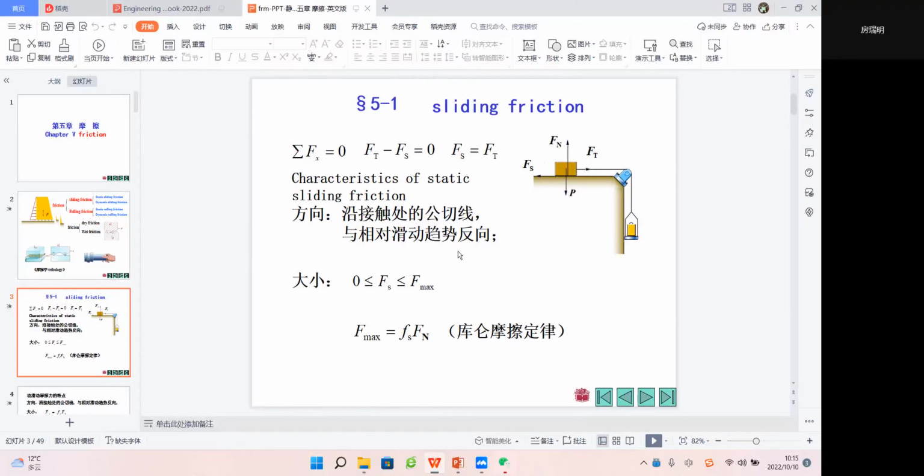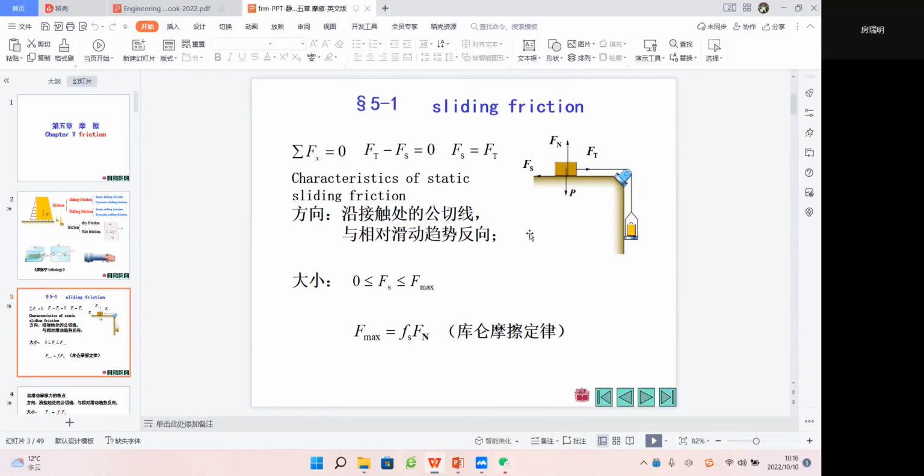But there is a very famous scientist who found the so-called Coulomb friction law, Coulomb 摩擦定律. When we make this weight bigger and bigger, a little bit at a time, at some point, we call that the critical point, the weight will be big enough that this box cannot keep its balanced state along the x direction.